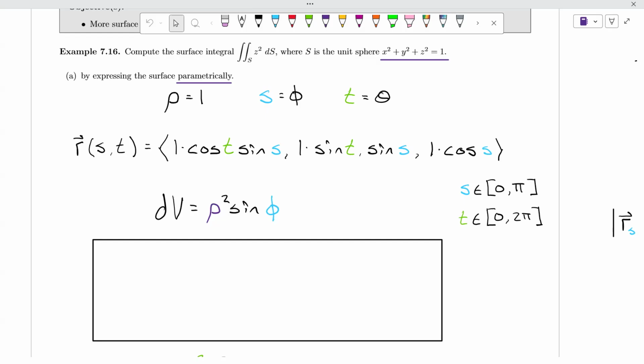And I want to use a quick argument to figure out what my fancy Jacobian-looking thing is. Right, so r partial s cross r partial t. I have to figure out what that is.